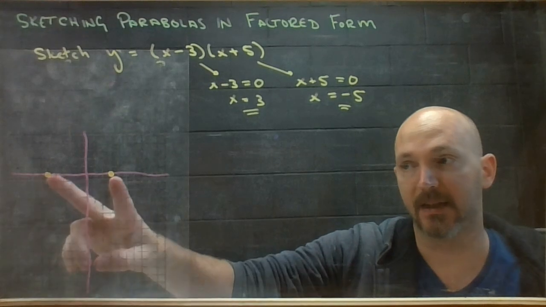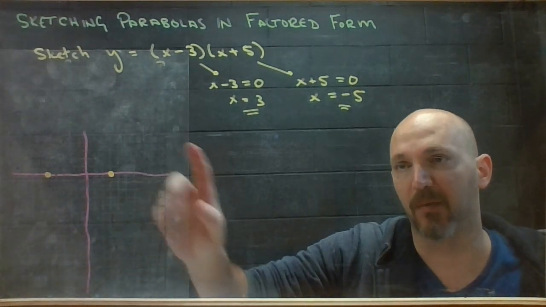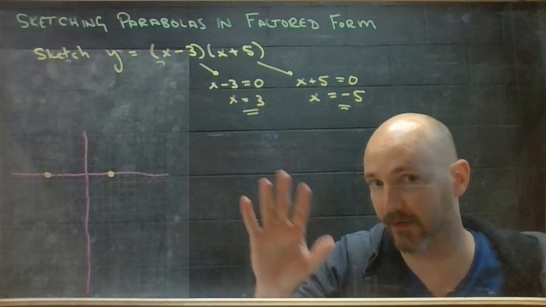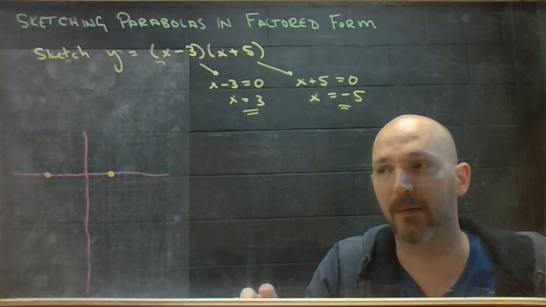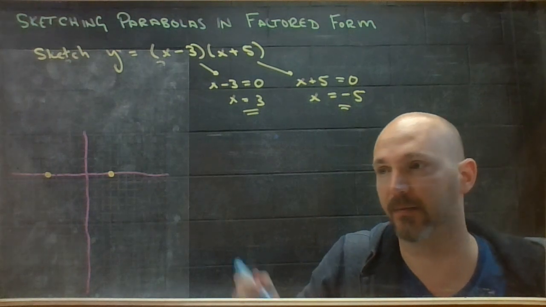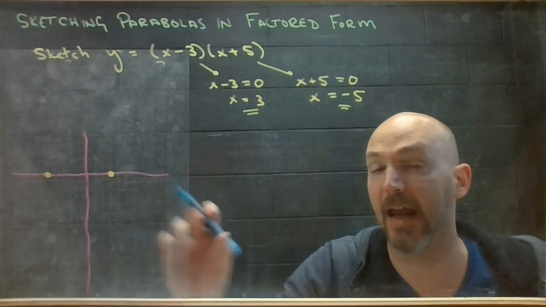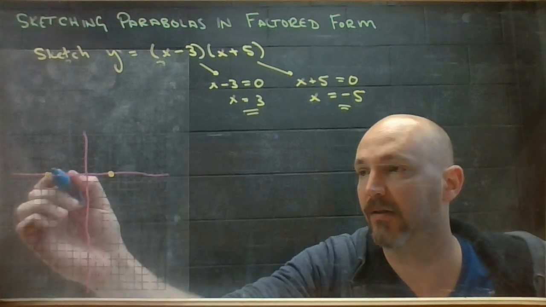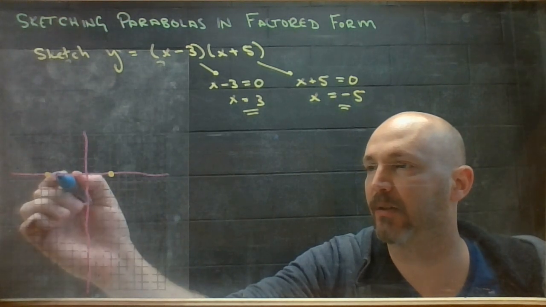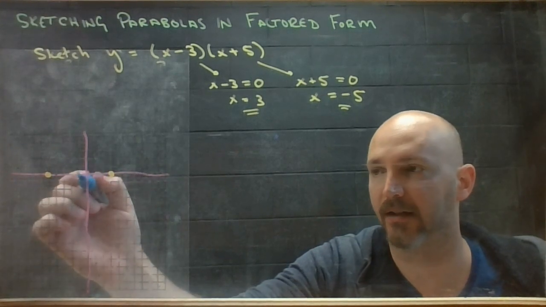So again, I've established a pair of dots here. The parabola has to be symmetrical around the vertex, wherever that is. So I'm going to try and count in to the center to find where my line of symmetry would be. So these are 1, 2, 3, 4, 5, 6, 7, 8 units apart. So the line of symmetry should be 4 units from each side. 1, 2, 3, 4. 1, 2, 3, 4. There, dead center.